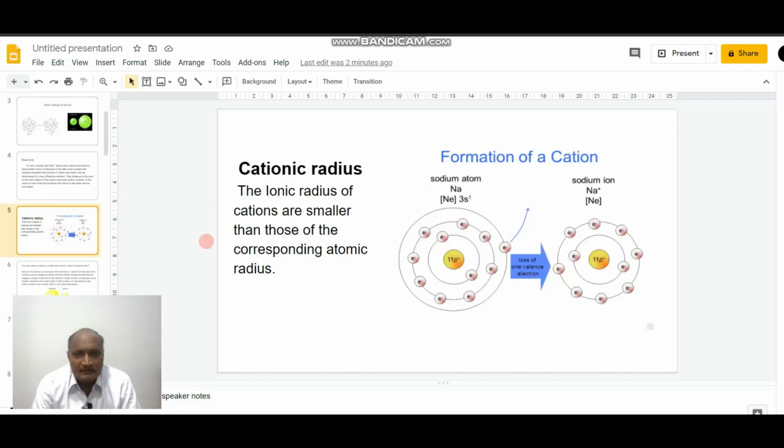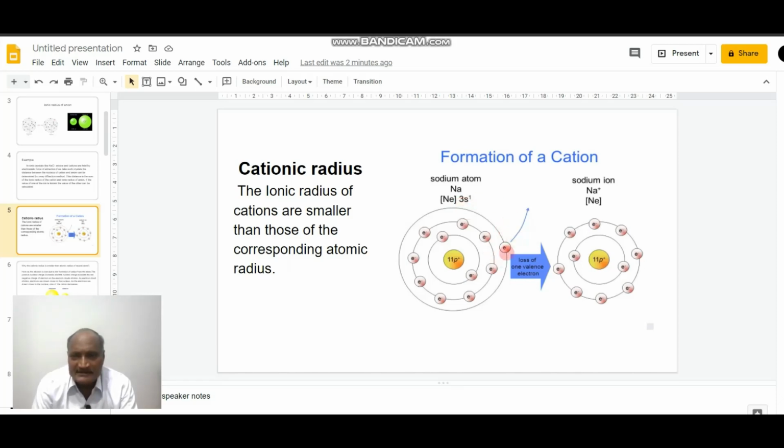Coming particularly to cationic radius, the ionic radius of cations is smaller than the corresponding atomic radius of the neutral atom. As I have told already, in the case of sodium, the valency electron, that is the 3s1 electron, is removed by the supply of a certain amount of energy.